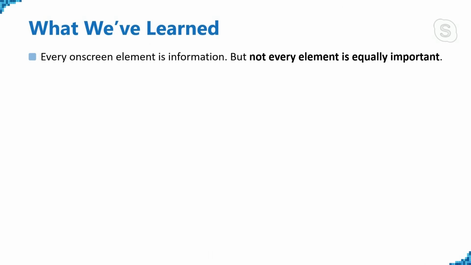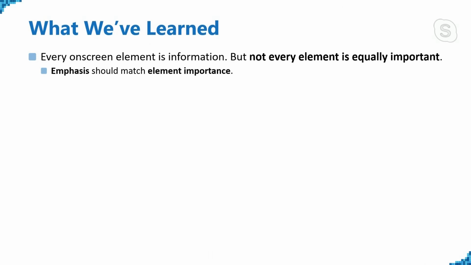I want to summarize everything we've talked about, though, up to this point. What we've learned: every on-screen element is information, but not every element is equally important, right? So understanding and taking a moment to ask the question, what are the most important pixels on screen or dots of ink in the presentation, and what are the ones of lower importance?